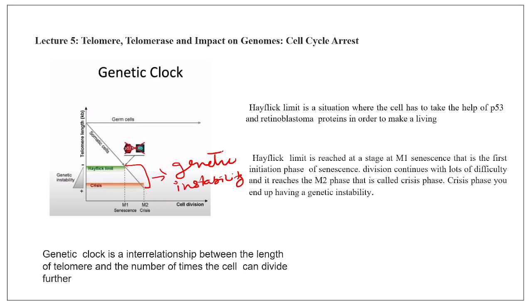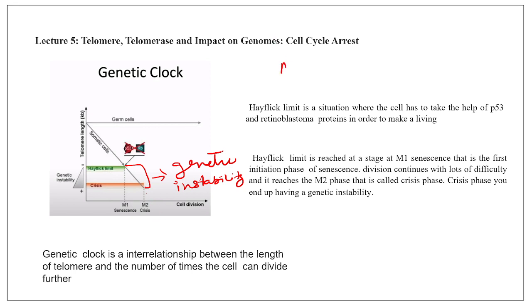I do not carry all the information properly. It is better for the body to let me die. But the cell is saying no, I will keep on replicating and I don't care what is happening. So what happens after the Hayflick limit? If the cell dies, if the cell goes into senescence, then it is completely fine. But if the cell keeps on replicating, then crisis comes.